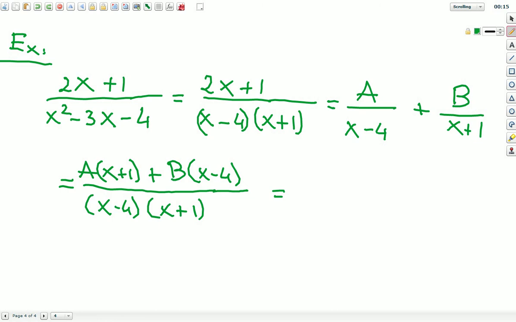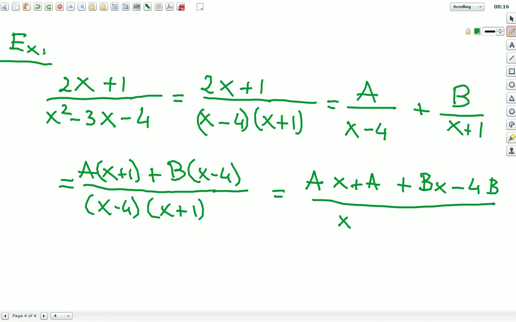So the second fraction here I multiply through top and bottom by x minus 4, and we want Ax plus A plus Bx minus 4B divided by x minus 4 times x plus 1. We want this fraction to equal the original fraction 2x plus 1 over x squared minus 3x minus 4.